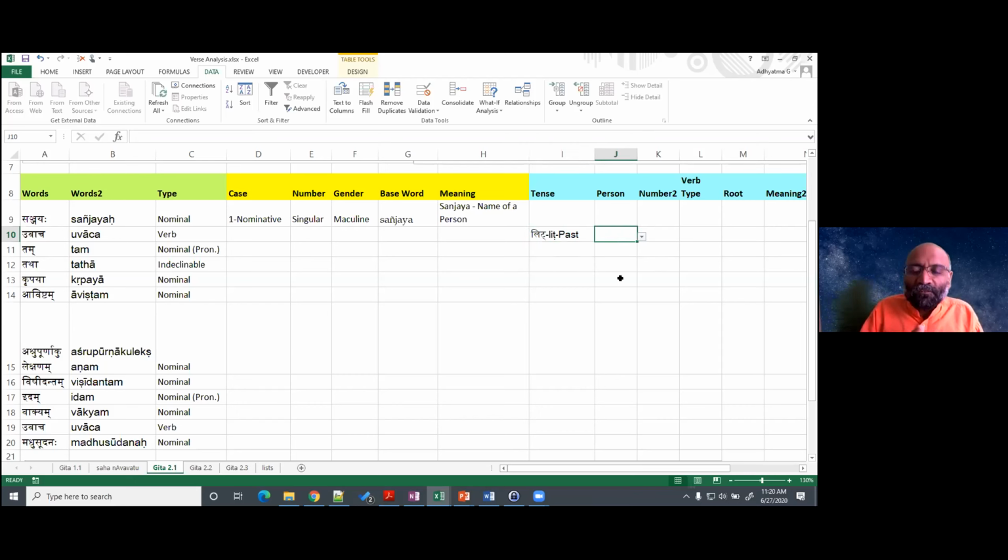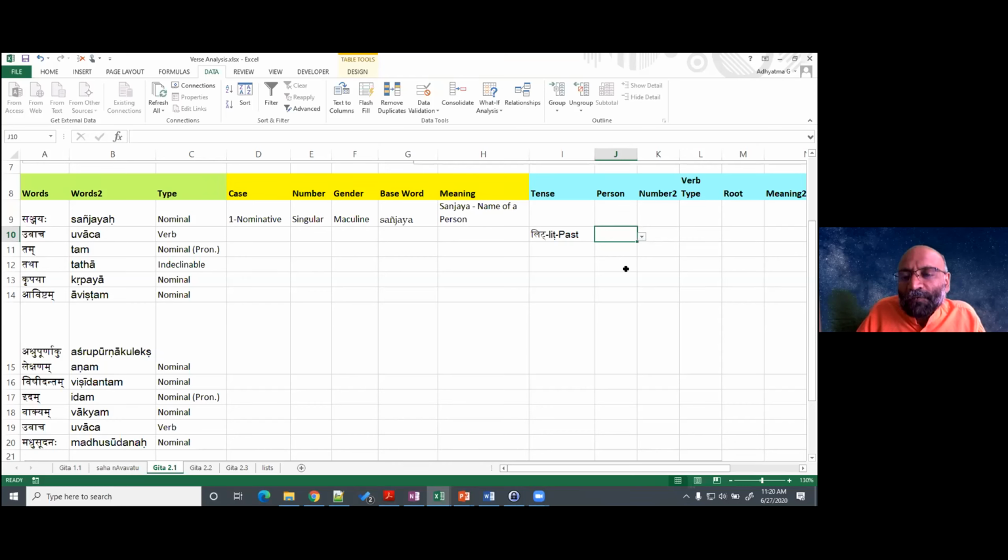There was a difference in these 3 types of past tenses, but over a passage of thousands of years, the subtlety of the meaning is lost. So all three past tenses can be used for each other, but the different forms remain in the scriptures. That's why we have the lit lakara as the past tense.